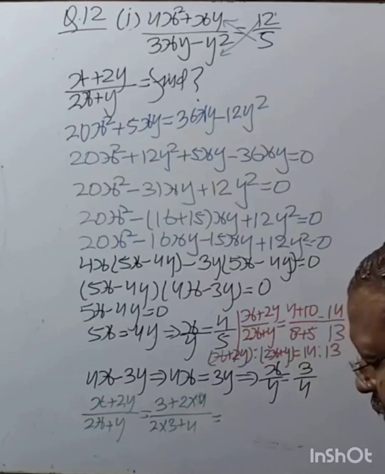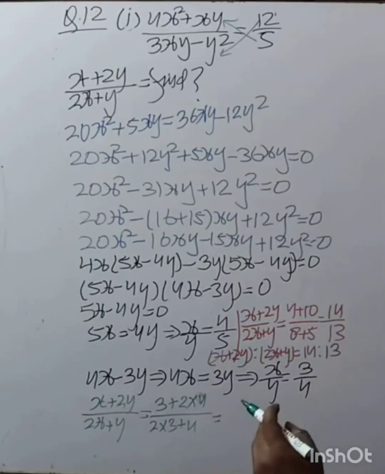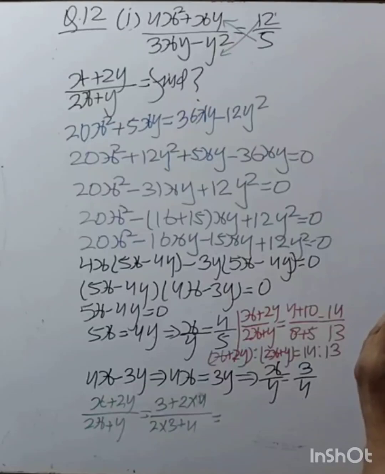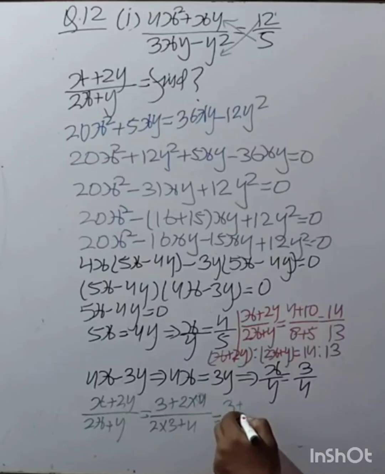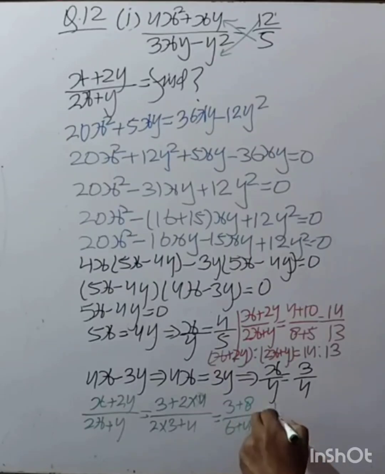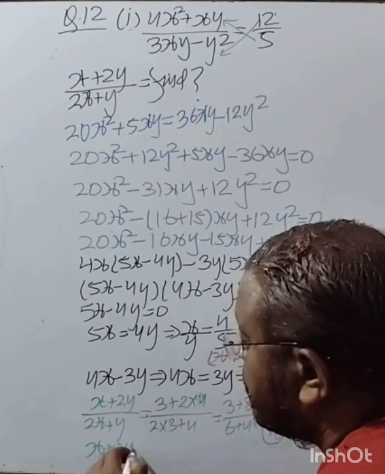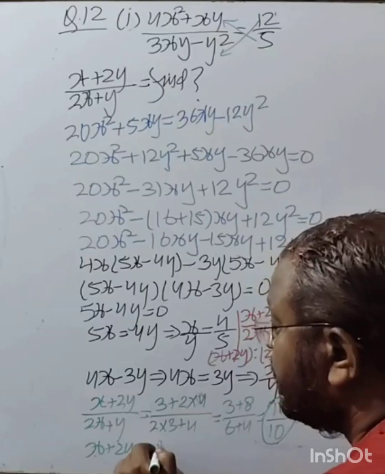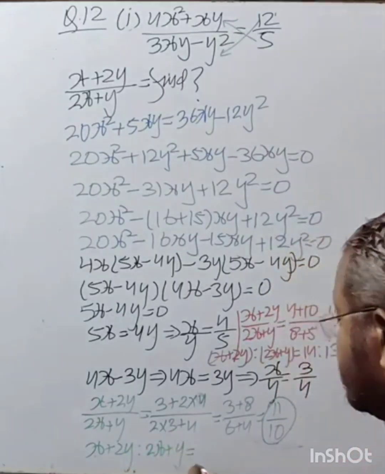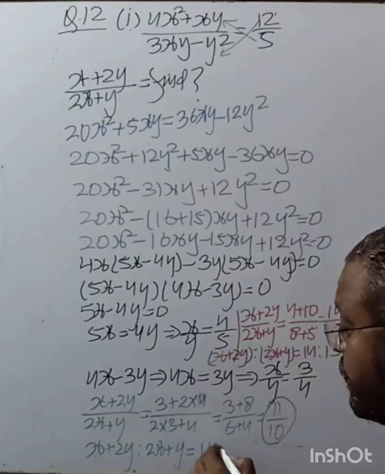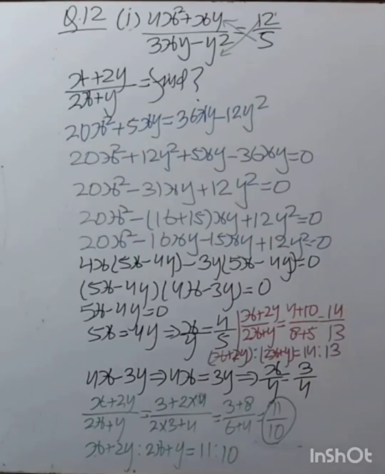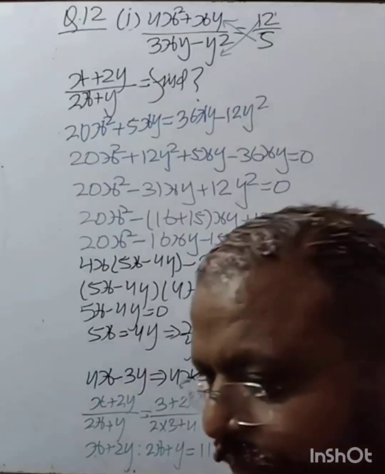Is it? So 3 plus 2 times 4 becomes 8. So 3 plus 8 upon 6 plus 4, it becomes 11 upon 10. So x plus 2y ratio 2x plus y is equal to 11 ratio 10. Yes. Done? Yes. Okay, this was question number 12.